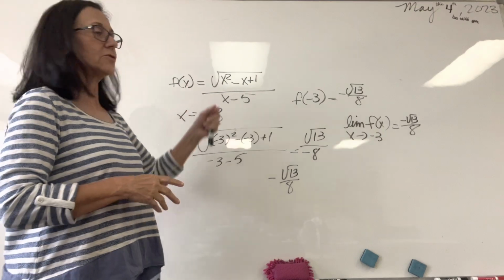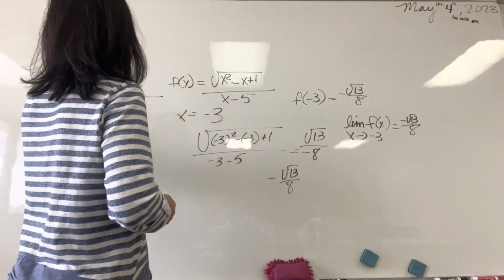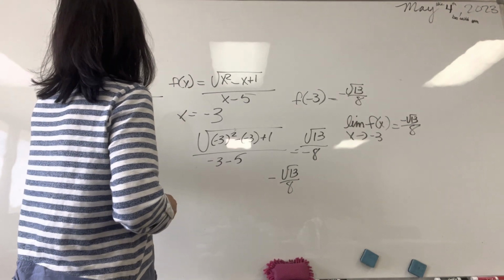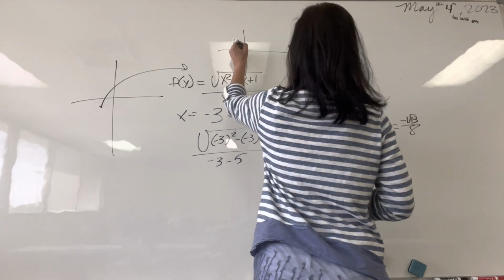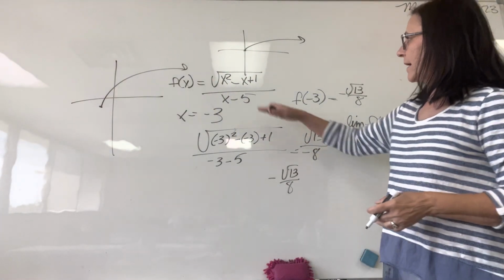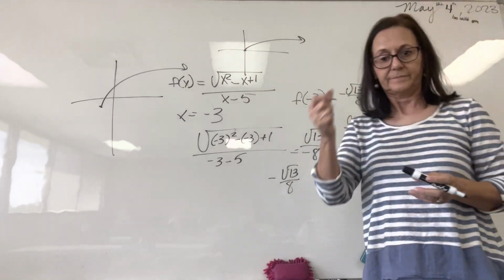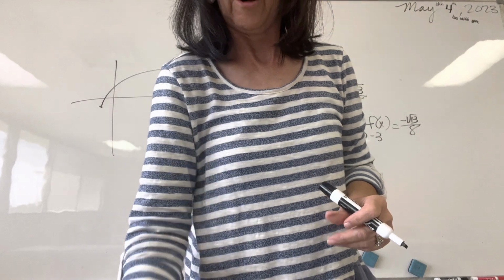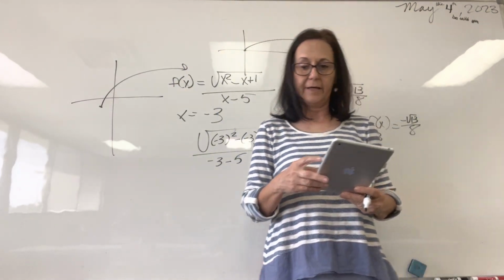And do you know what the square root looks like? It looks like that, or it looks like that, but it's been shifted around. All right, so it is continuous at x equals -3.